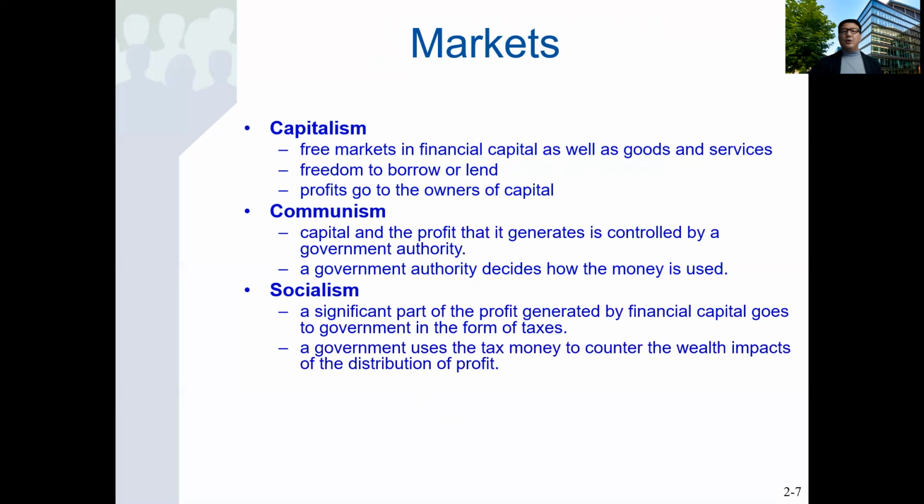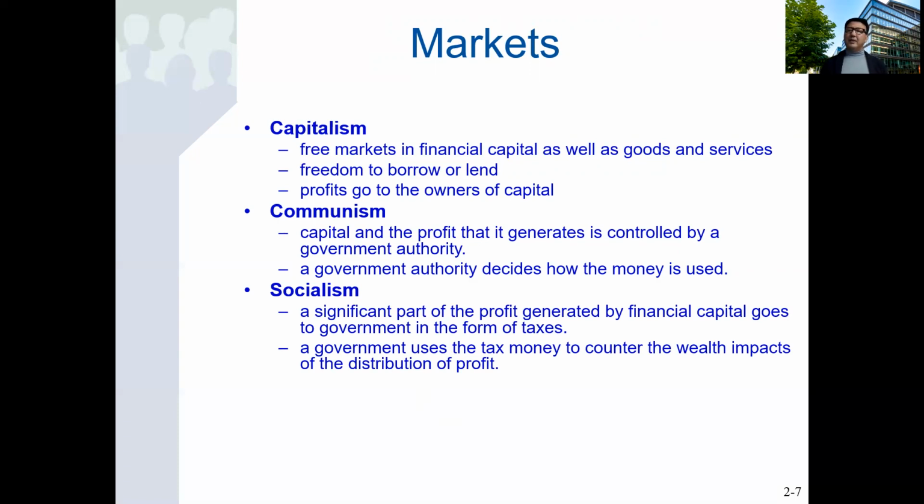If you look at the overall picture, every country has a little bit of all three of them. They may be predominantly capitalistic, and their law is based upon capitalism, but in some forms there's some element of communism and some element of socialism, even in the United States.